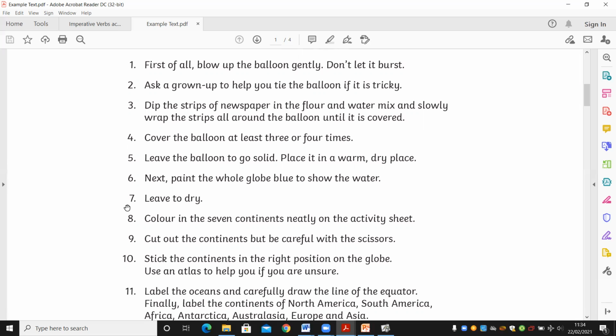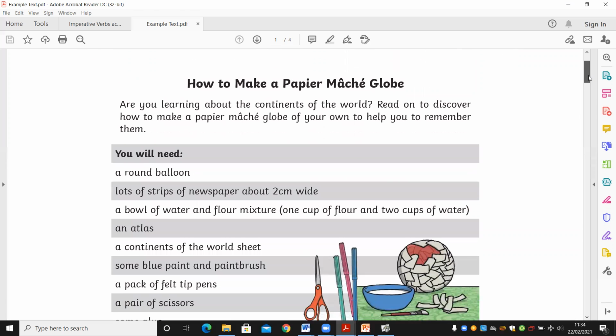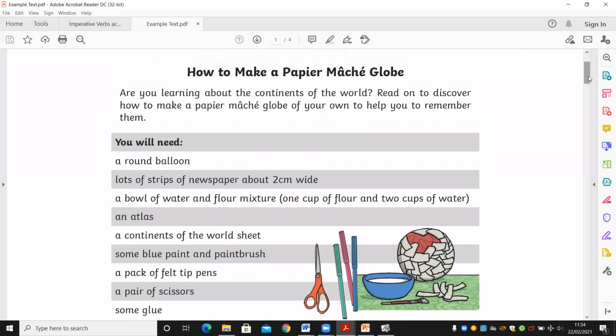That's right, we had the bullet points. So at the beginning of each instruction, we had a bullet point. So to separate the instructions, the steps of each instruction, we can either use the numbers or we can use the bullet points.